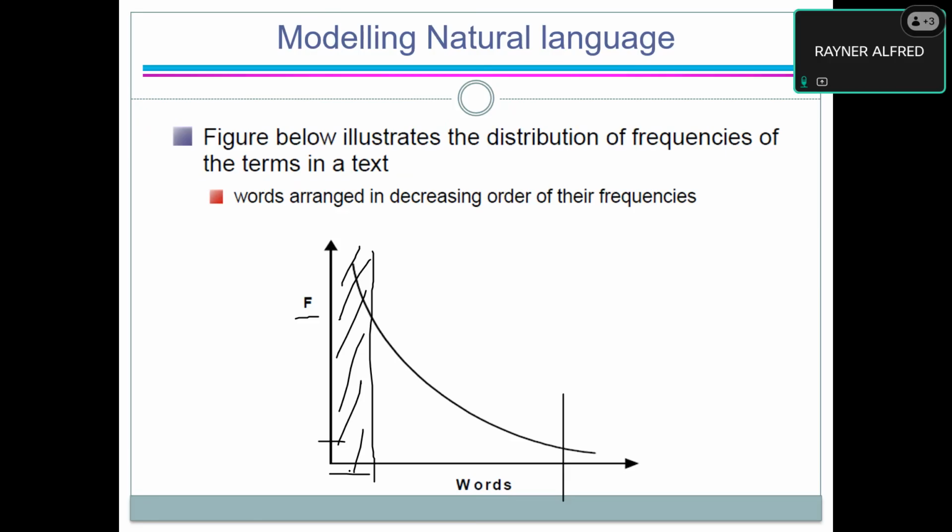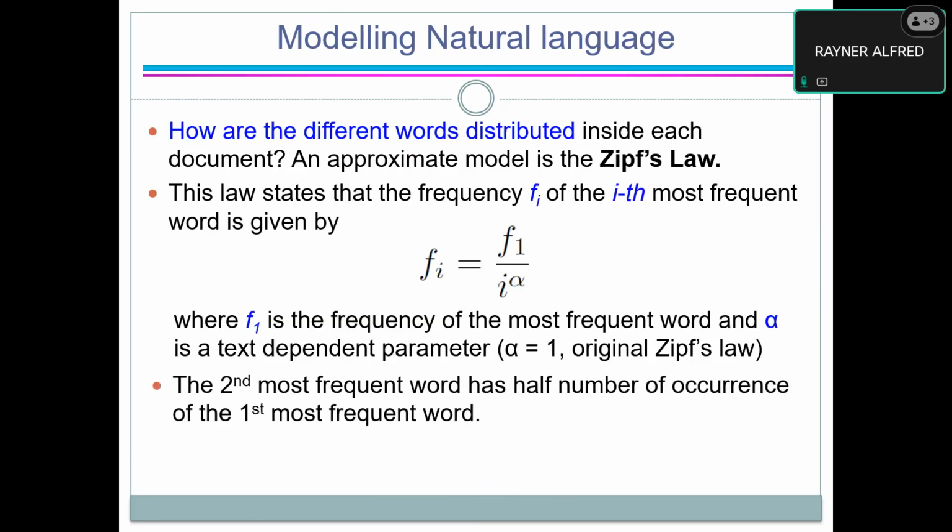Okay. So how do we compute that? It is basically this. How are the different words distributed inside each document? So we use Zipf's law. This law states that the frequency of the i-th most frequent word, for example, F1 is the most frequent term that we have.